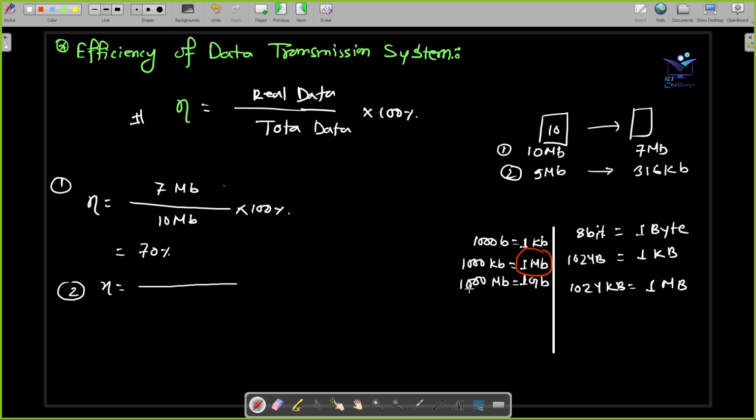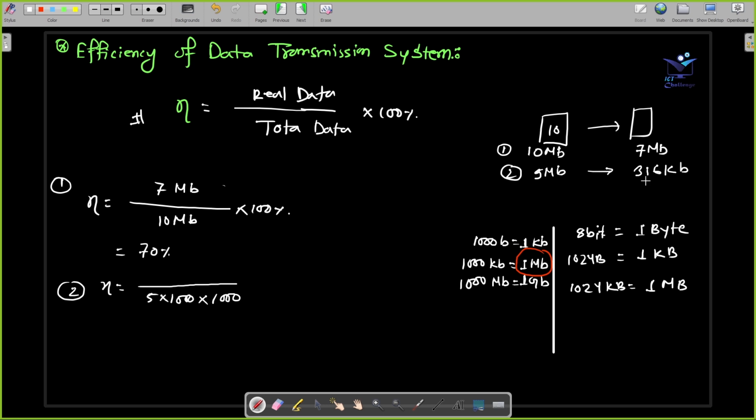So 5 into, we have to multiply by those values to go to bits. That means we have 1000, so you multiply by 1000 into 1. The 1 is not necessary for multiplying. Also we have 1000. If you multiply those values, you will get the total bits.